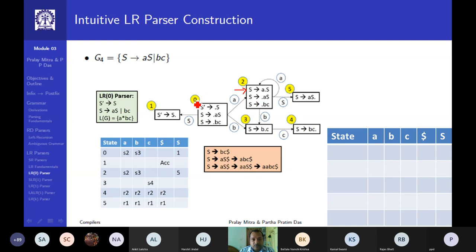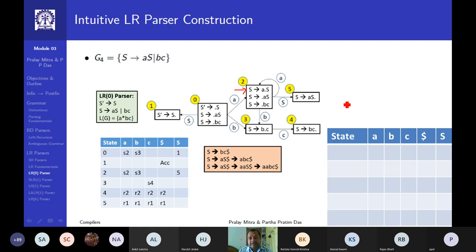Now from state 0, if I see B, then again I will shift the dot from the left hand side of B to the right hand side of B, and I will reach state 3. Now from state 2, if I see S, then I will go from state 2 to state 5, and you see S derives A S dot.